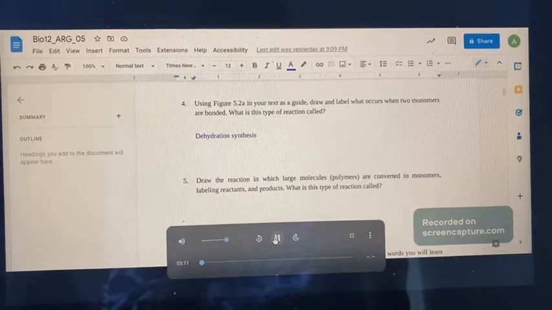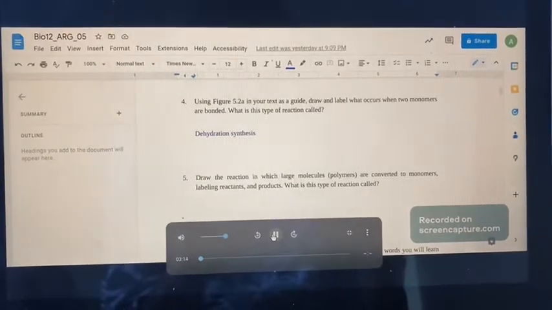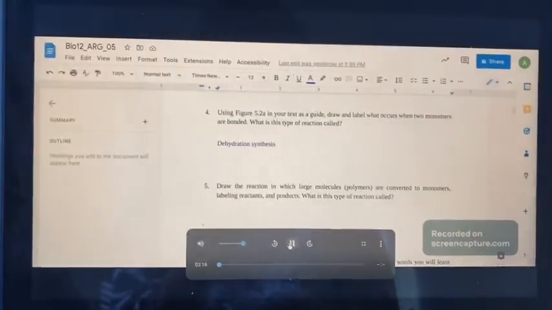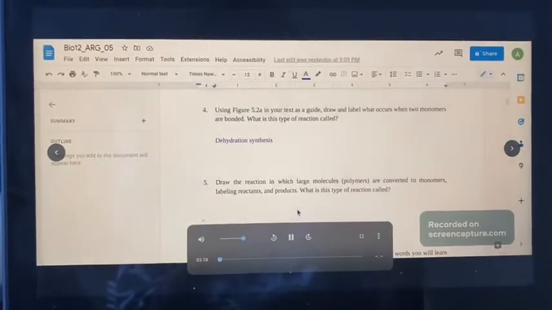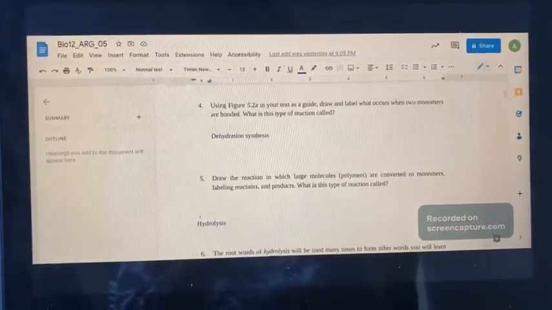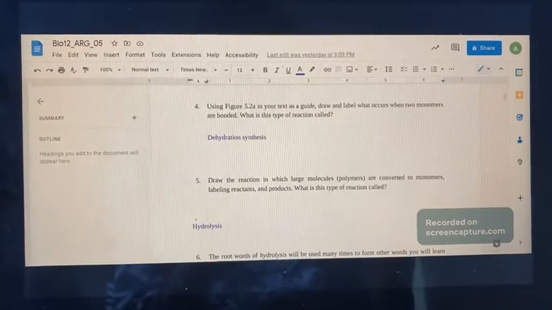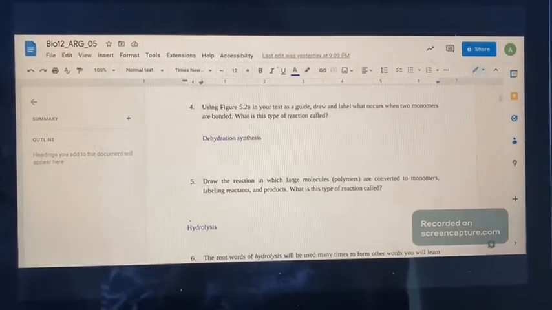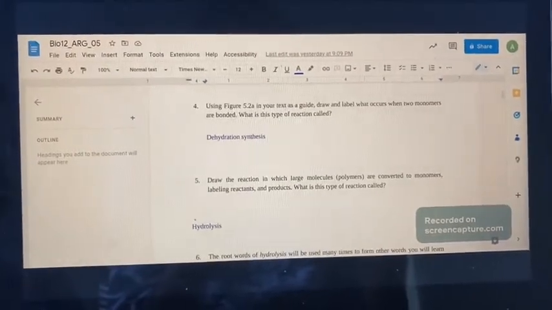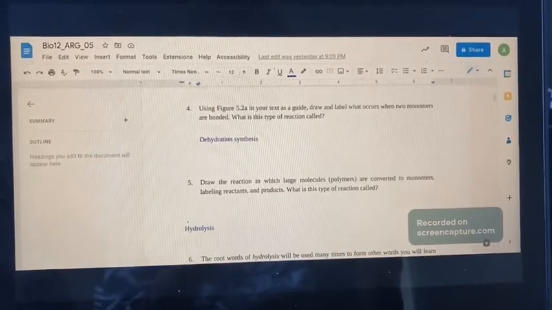And the reaction in which large molecules are converted to monomers, so they break apart, would technically be the opposite of what we just talked about, loss of water. In this process, we'd add water, and the addition of water would break the polymer down into 2 or more monomers. That's called hydrolysis.